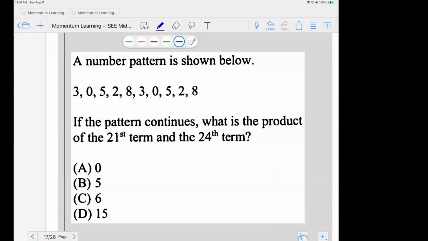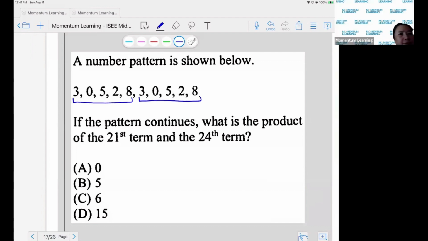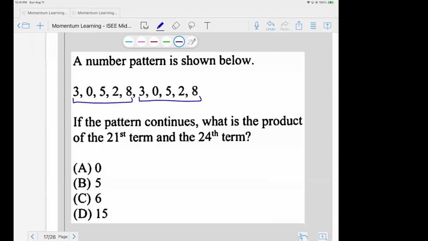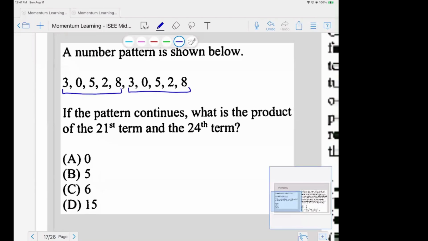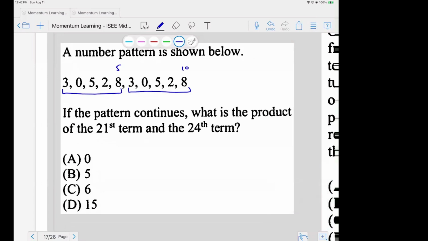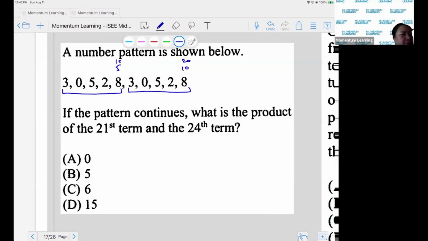So the pattern is 3, 0, 5, 2, 8, and then it just keeps repeating forever. 8 is the fifth number, and 5 multiplied by 4 gives you 20. Because it's 21, you got 8 and then you go to 3, because it's 21 and not 20. And then you get 3.